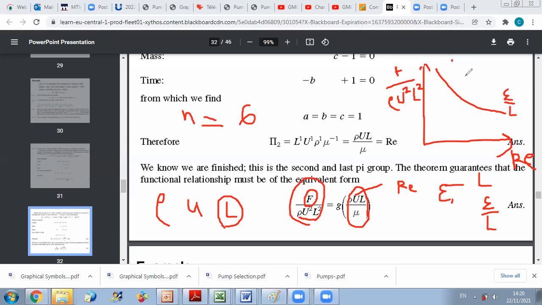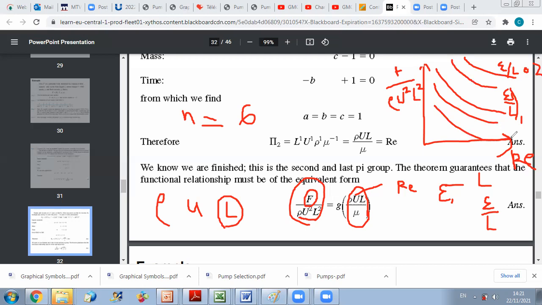You can get a new graph for another value. Say epsilon over L equal to 0.1, for example. You can draw for another value, epsilon over L equal to 0.2, another graph, etc. You will end up with a series of graphs presented on your chart.